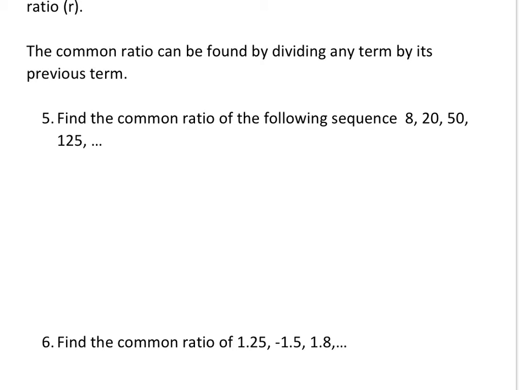So example 5, find the common ratio of the following sequence: 8, 20, 50, 125. We can take 20 divided by 8, which gives me 2.5. Now let's check the next set.